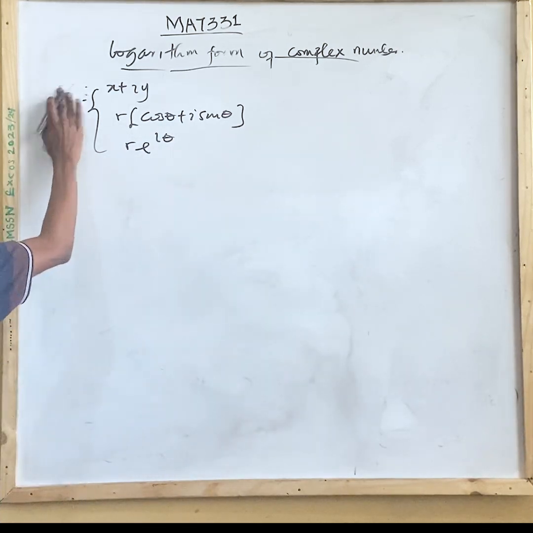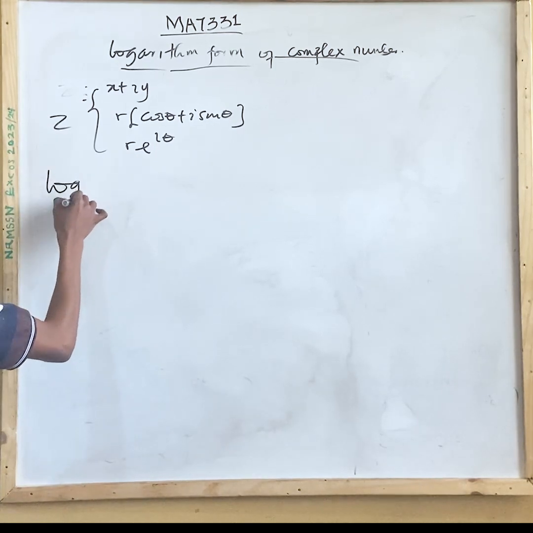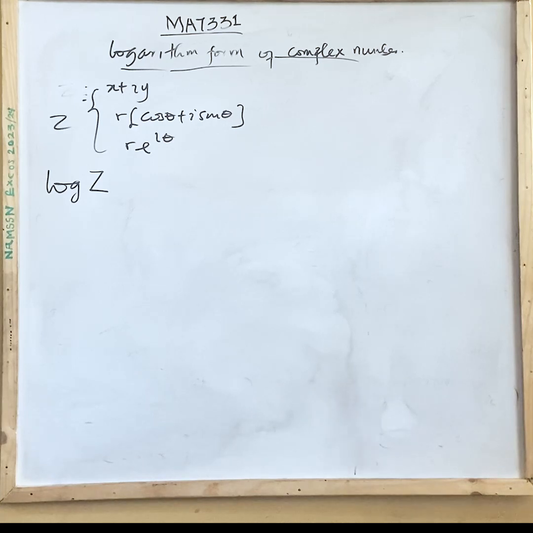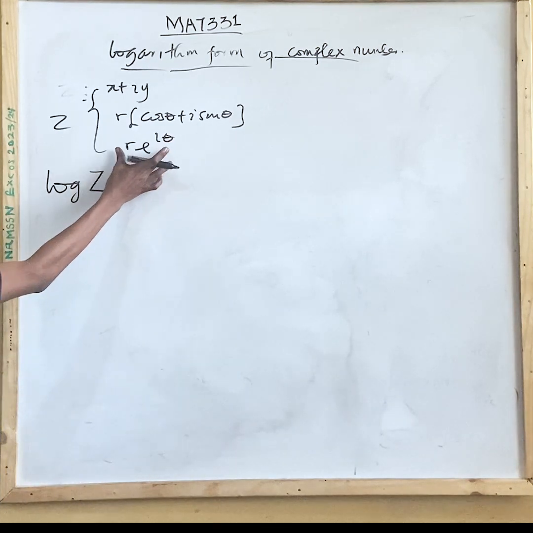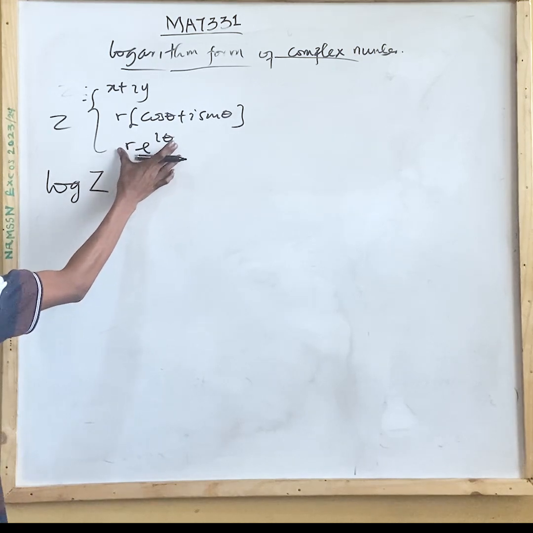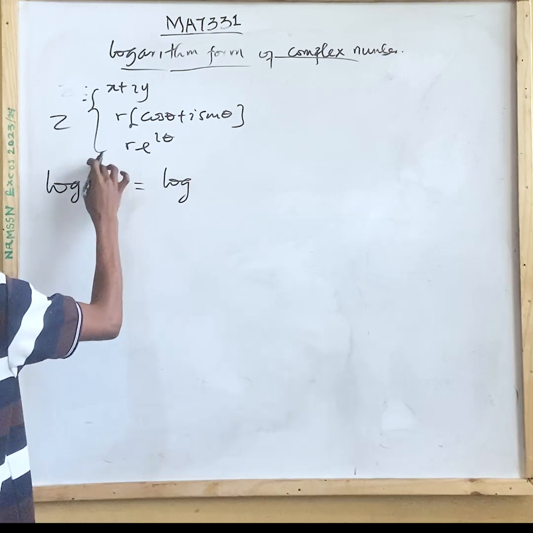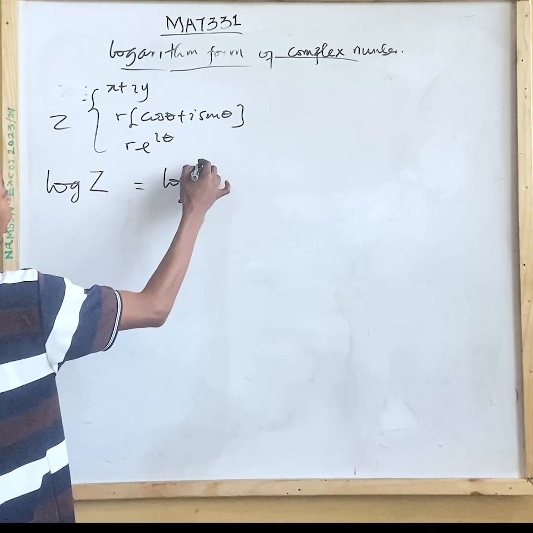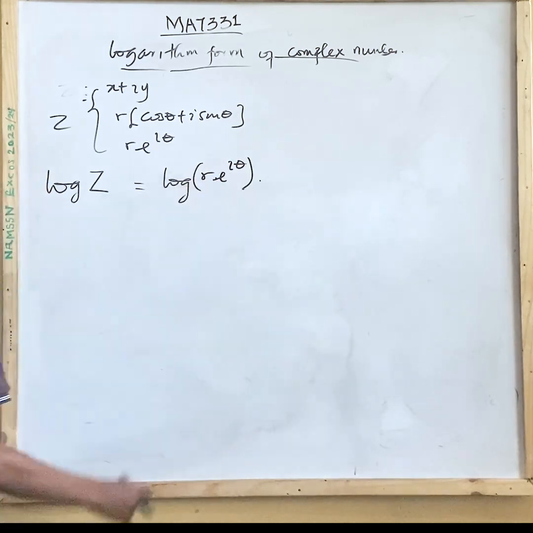Now that is the complex number z. Suppose I now want to find the logarithm of a complex number z, log z. If I start with r exponential i theta, it's the same thing as having log of r e raised to power i theta, right?